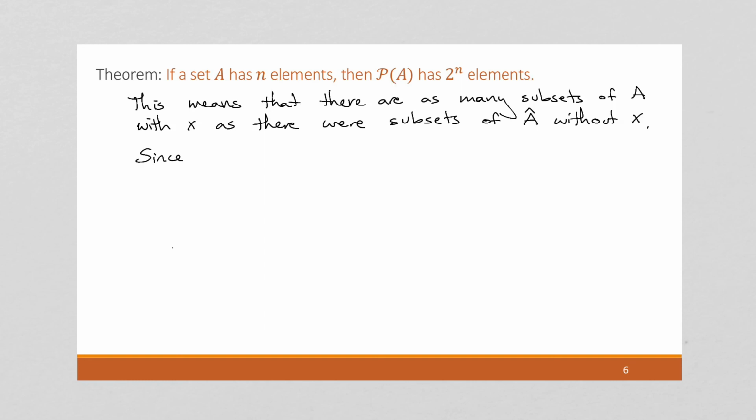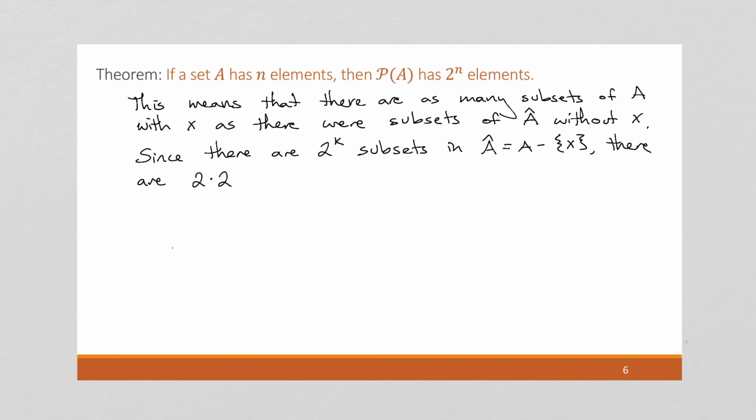So since there are 2 to the k subsets in A hat, which recall was A minus {X}, there are 2 times 2 to the k, which is 2 to the k plus 1 subsets in A, right? The 2 to the k that include X and the 2 to the k that don't include X.